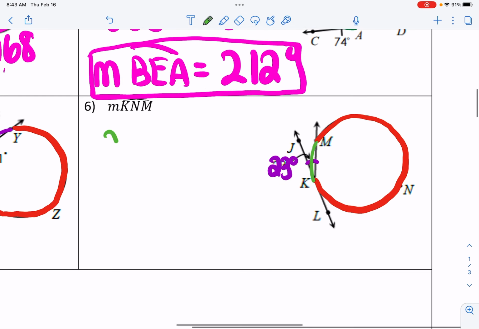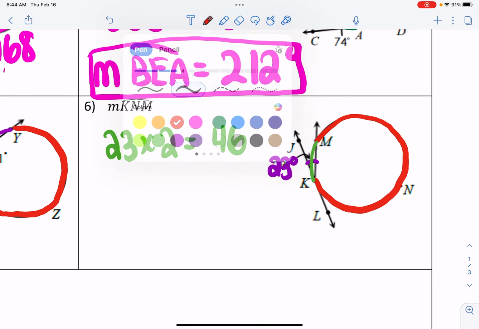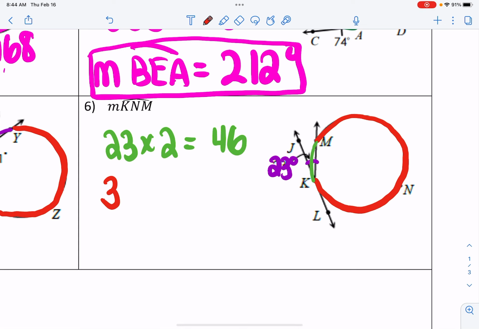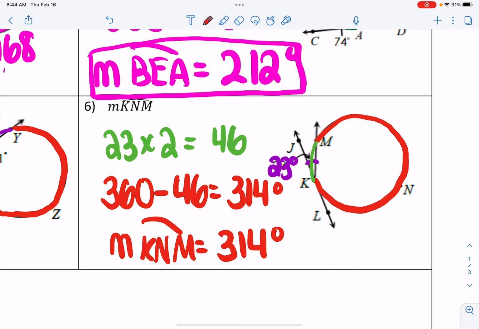If I have the angle 23, you're going to multiply by 2. And so you're going to get 46 for that green arc. And then the entire circle is 360. So to find the red arc, I'm going to do 360 minus 46. And that's going to be 314 degrees. And so the measurement of that arc KNM, okay, is 314.